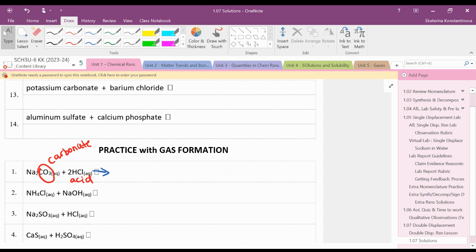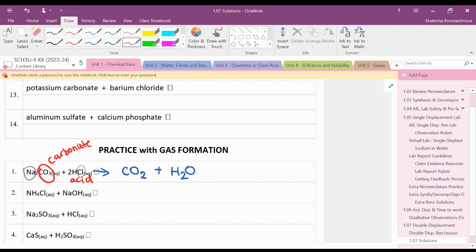So we need some kind of carbon dioxide, right? Because that's from the carbonate. You will also have a water produced. And then you'll notice you're still left with a chlorine and a sodium that you do not see on the product side.